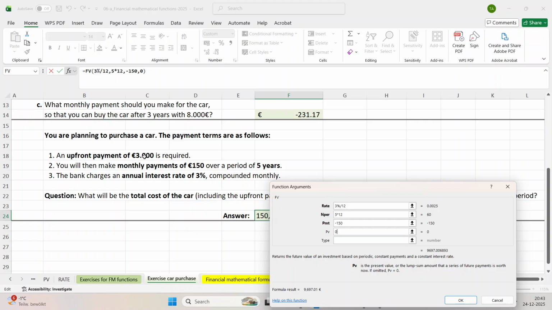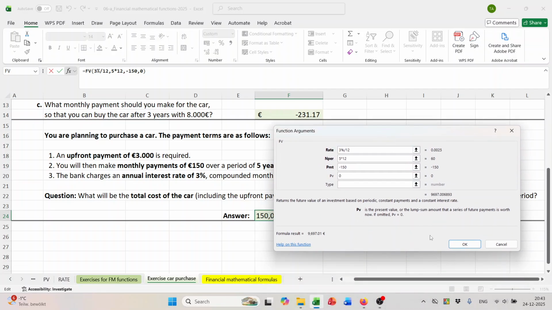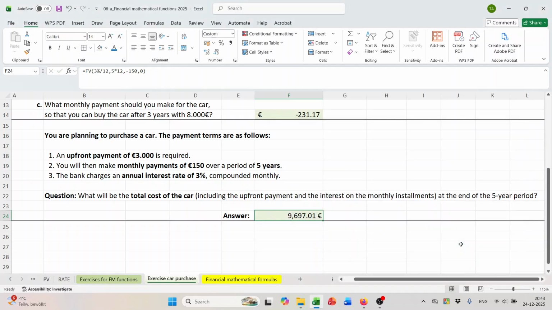So the interest rate should not be applied to this, so we will add it later after creating the formula, and that's why our present value is 0. This is the amount we are paying, and now we will add our upfront value of 3,000 euro.